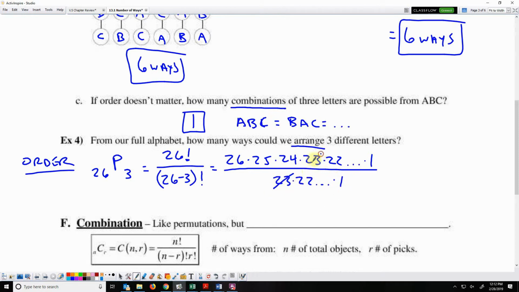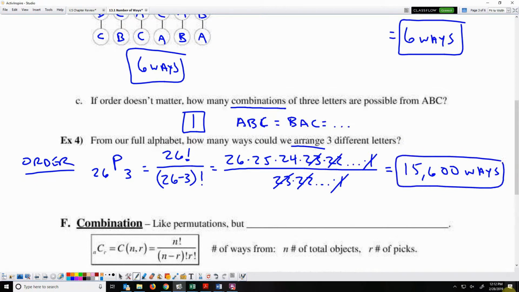The 23 cancels, the 22 cancels, the 1 cancels, everything in between. So we're left with 26 times 25 times 24. And that is 15,600 ways to arrange 3 letters out of the entire alphabet of 26 letters.